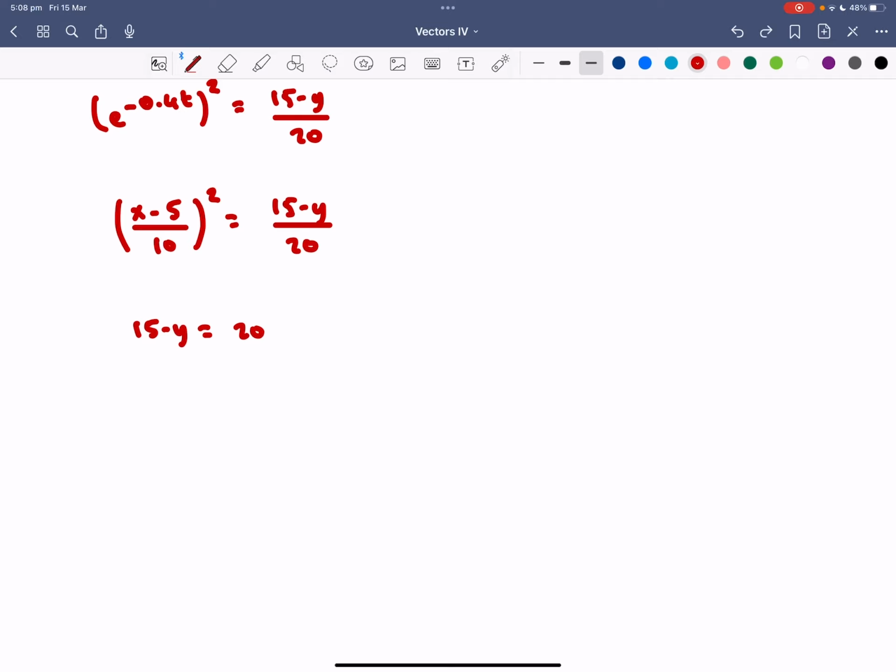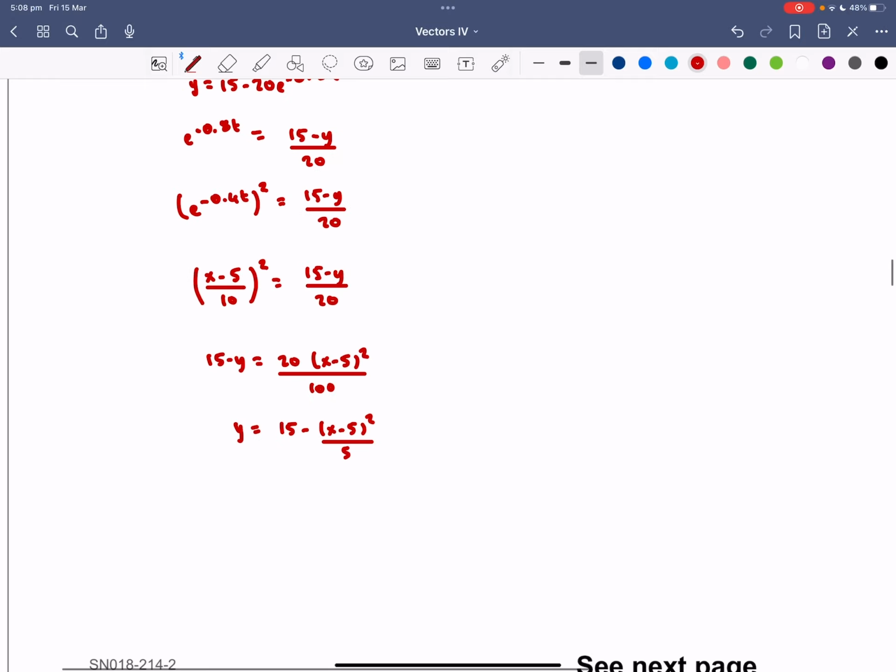I think we can simplify that. So that's 20 lots of x take 5 squared over 100. Then just simplify that, bring the y across. So the final answer is y equals 15 take x take 5 squared on 5. So that would be an expression for its position at any point in time. They don't really want an expanded version, so honestly, that should do the job fine.